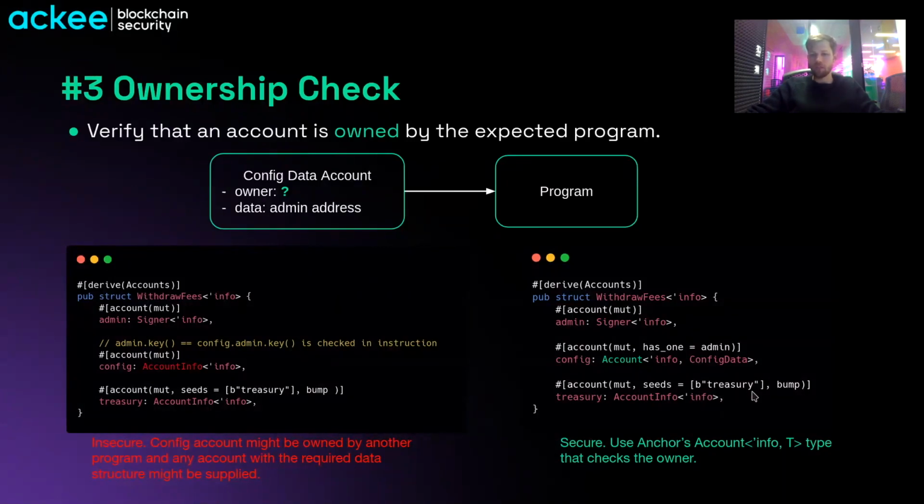So in this case, this is the treasury here, the bump, and also the ID or the public key of your program. So actually Anchor here checks that the address is correct, because it will calculate and verify for you that the PDA address is correctly calculated here. So this is another way how you can check for ownership.